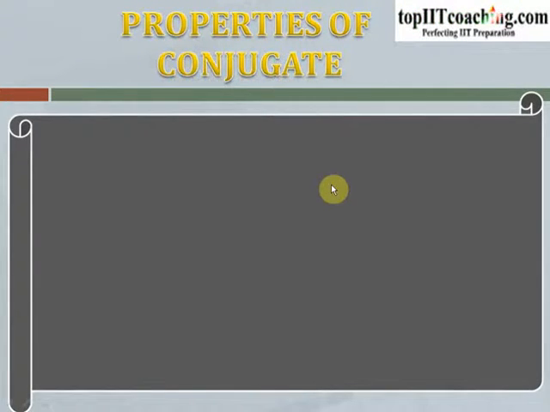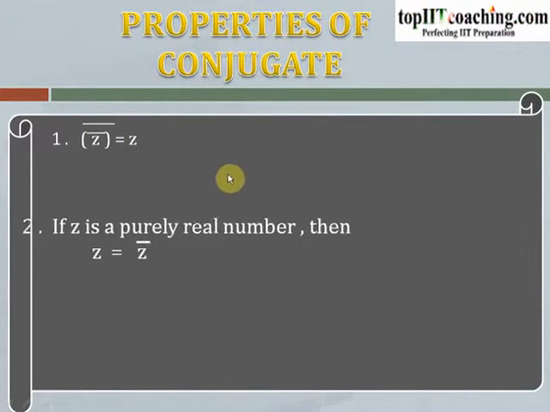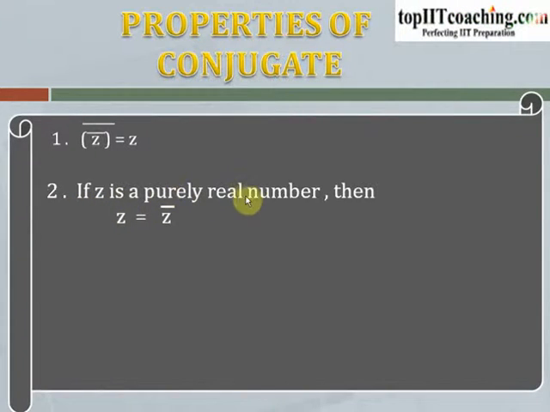Now let's study some of the very important properties of the conjugate. The first is, the conjugate of z conjugate is equal to z. So if we take the conjugate of the conjugate, then it would give the original complex number, which is z. The second is, if z is a purely real number, then z is equal to z conjugate.